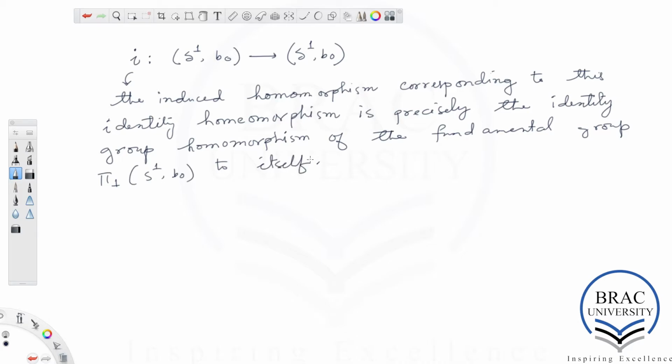That we know from lecture 2. Since it's the identity group homomorphism, it's necessarily injective.